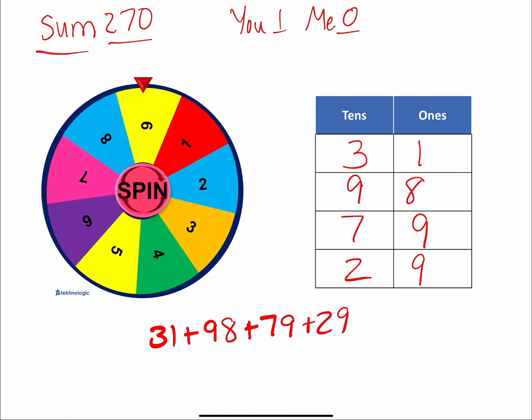Okay, so what I want for you to do is I want you to look at these numbers, and I want you to decide what 2 numbers would you add up first and why. Okay, so I want you to do that first. Okay, and go ahead and find the sum, and then I'll show you which ones I'm going to add up.